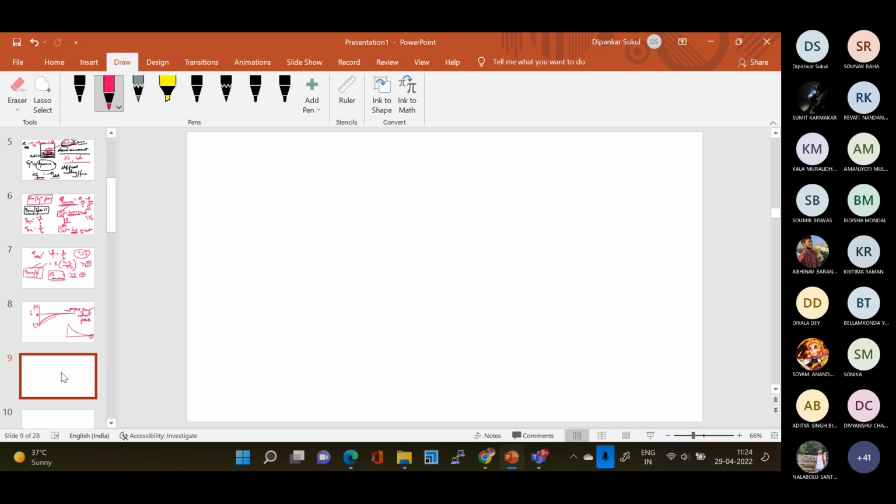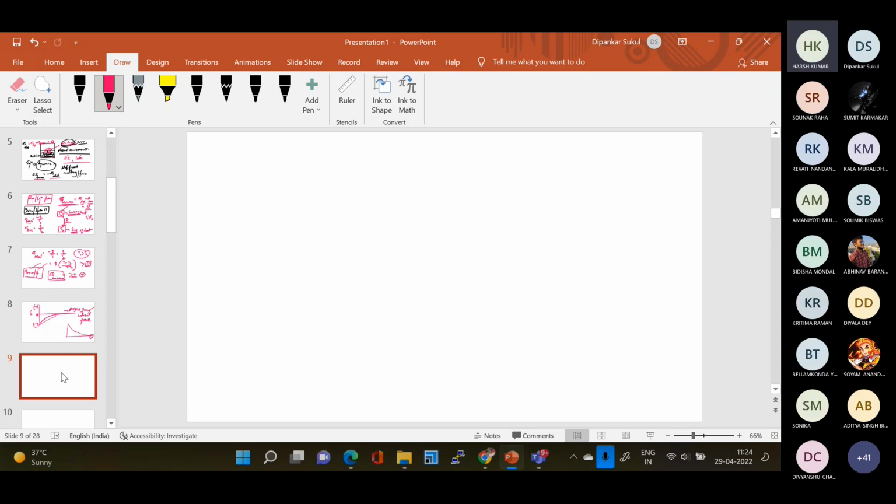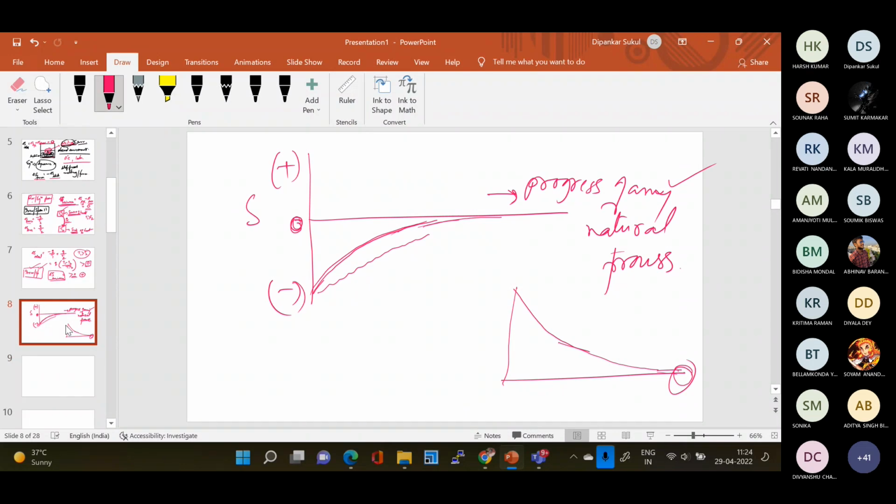Sir, one doubt. Sir, why does it start from negative? Why not positive, sir? If it is positive, then where will it go? It will increase and increase and increase. So can it reach a 0 value when equilibrium is established? Okay, sir.